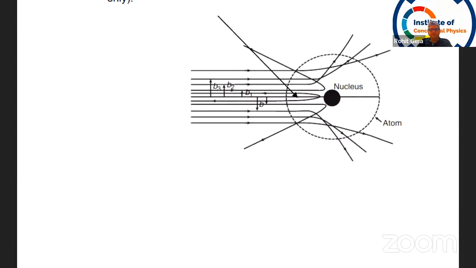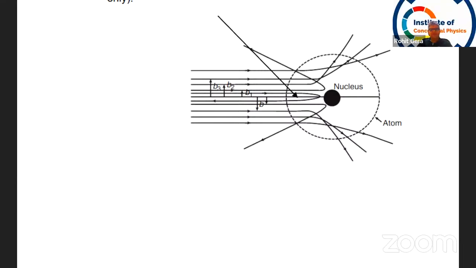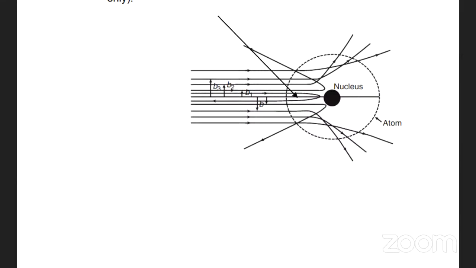Excellent. So kinetic energy will get converted into electrostatic potential energy. For the ones which actually, so this alpha particle, let me use a different color. So this is directed at the center. Let's put it this way, this one, right? It stops here.